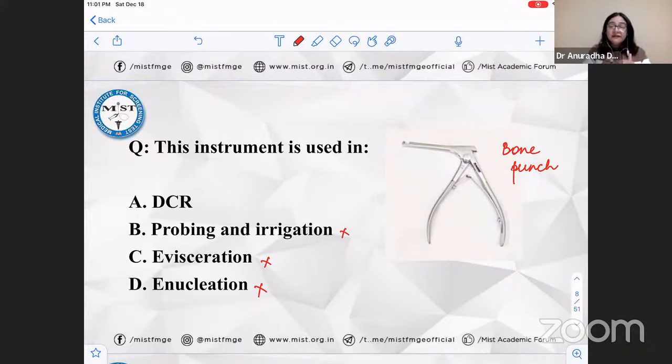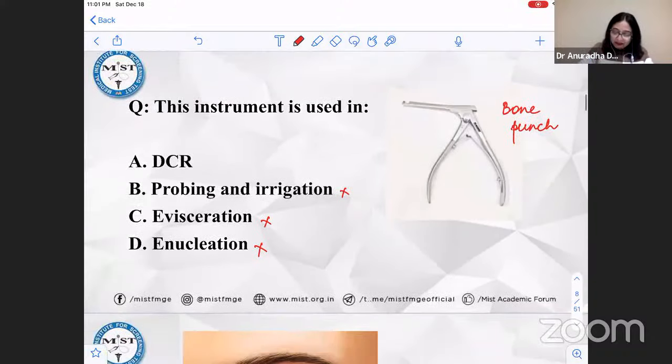Now in DCR, we are making a new opening of the nasolacrimal duct. For that purpose, we have to remove a small part of the bone, and that is where the bone punch is used. So the right answer to this question is that this is a bone punch which is used for DCR.